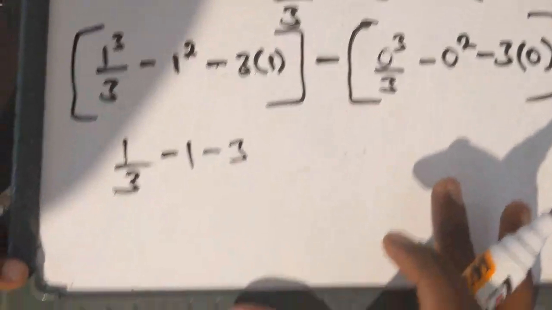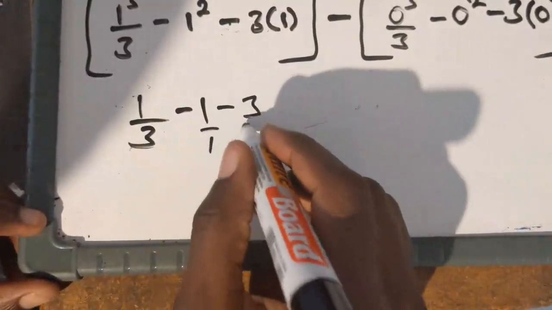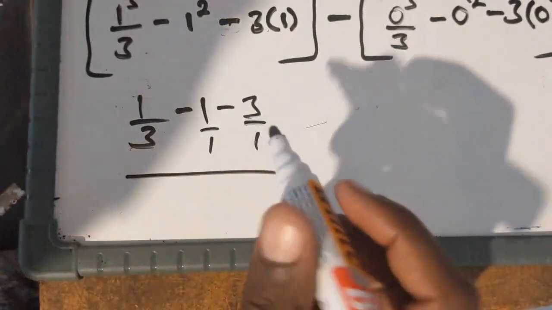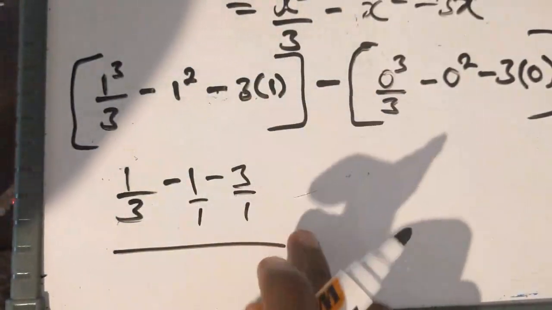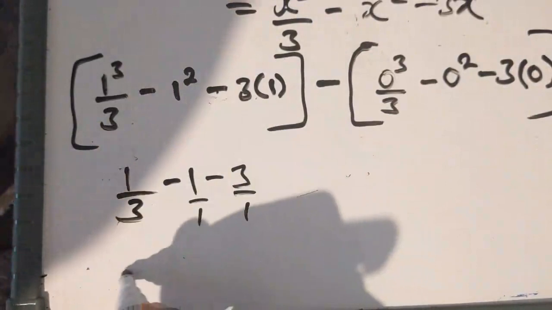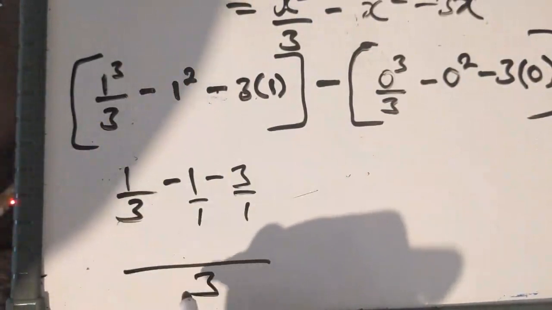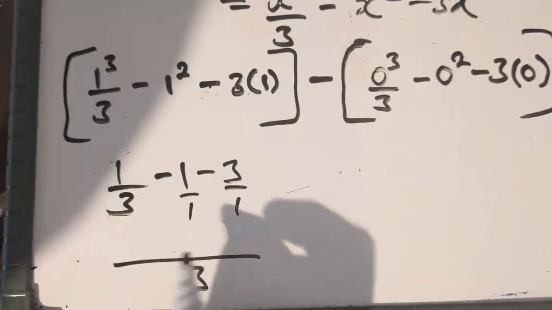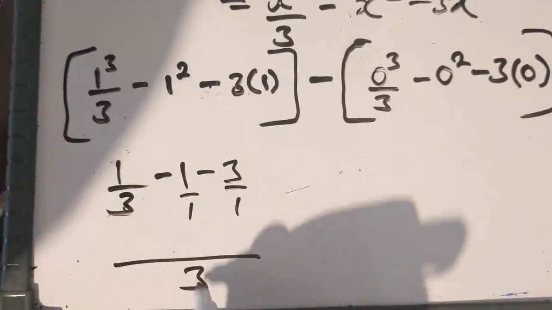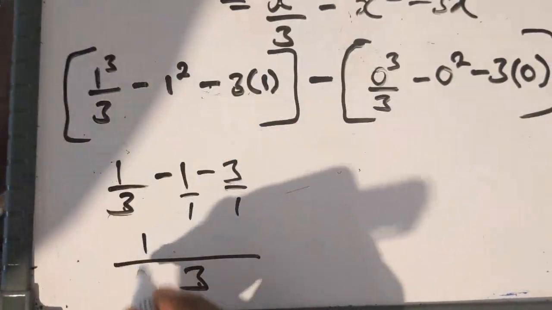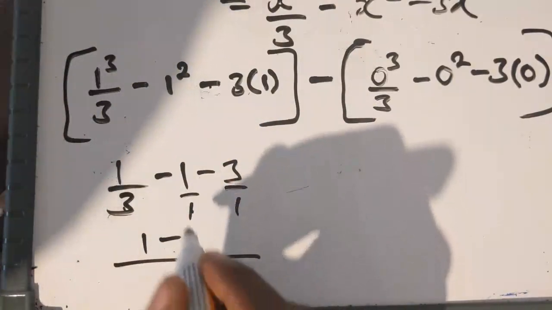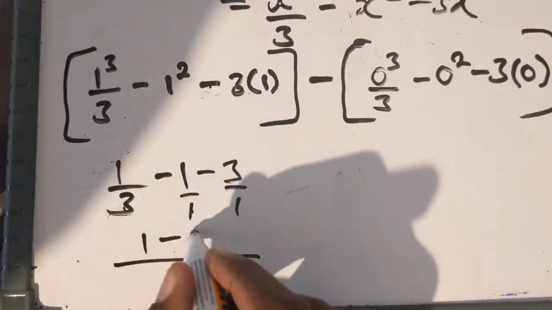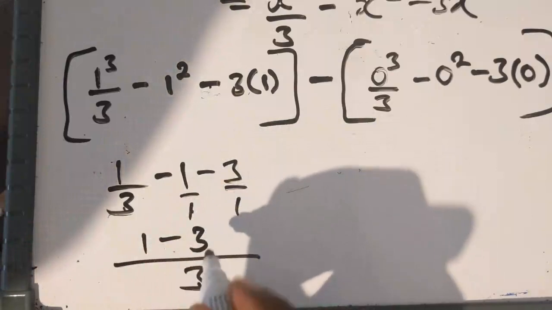So what you do, you just have to do this. If you want, you can use a calculator, or you can just solve like that. So you just say over 3, that is the common denominator. 3 into 3, that's 1. 1 times 3, that is just 1. Minus 1 into 3, that is 3. 3 times 1, that is 3.